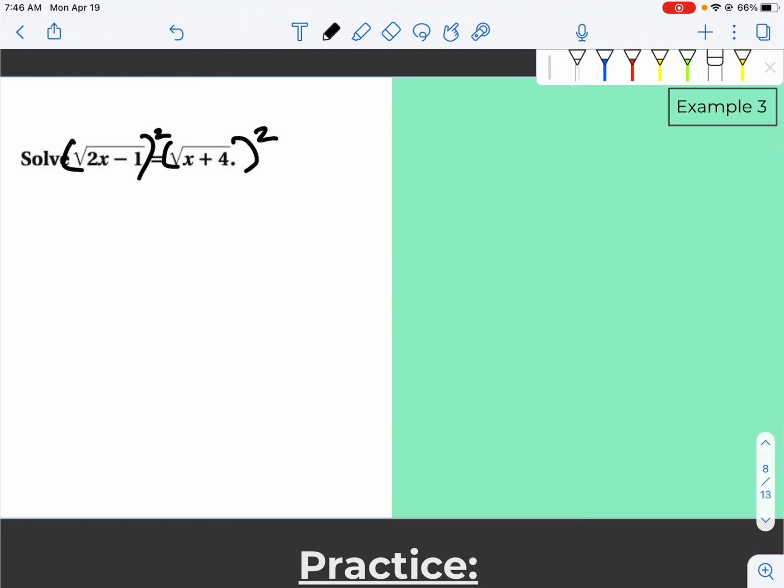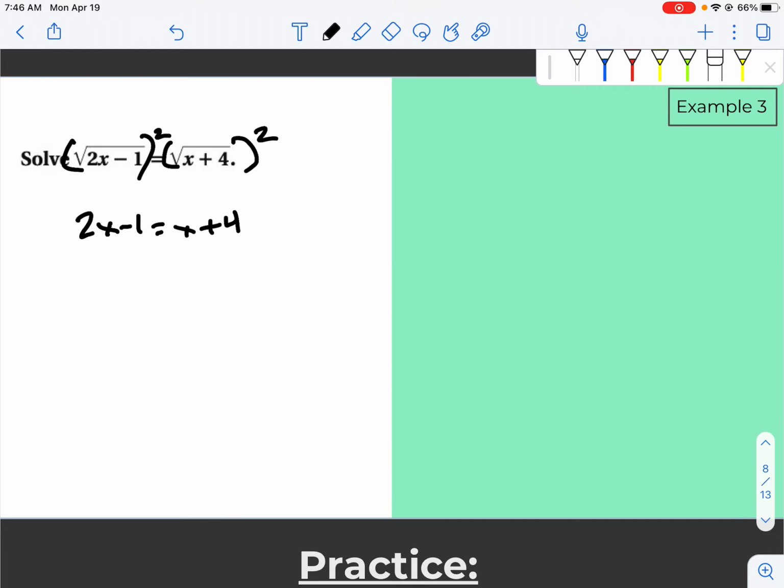because as long as we stay consistent, whatever we do to one side, we do to the other, then we can do whatever we want, and the value of these equations stays the same. So our first step would be to square both sides. And then when we square both sides, since everything's under the square root, that gets rid of our square roots.